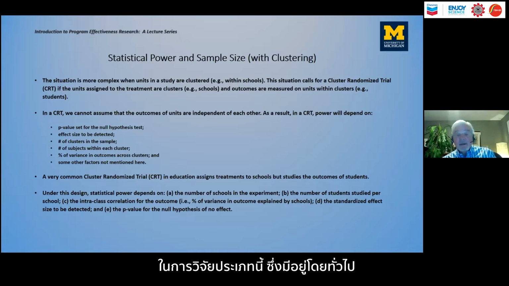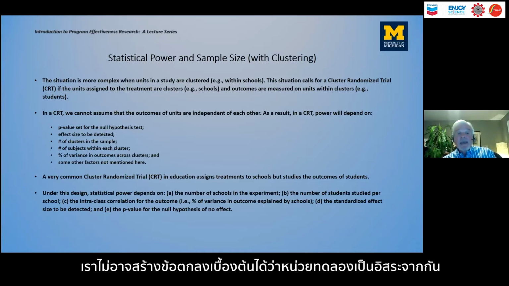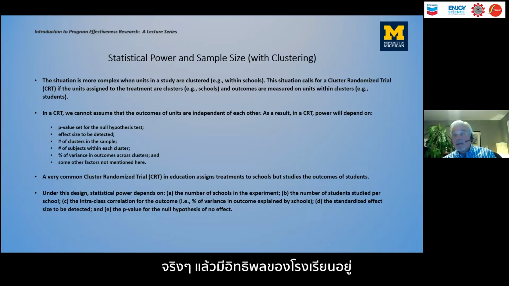In this kind of study, which is going to be very common in education research, we can't assume that the outcomes of the units are independent of each other. In fact, there are school effects present. And as a result, in one of these cluster randomized trials, power is going to depend once again on the p-value, once again on the effect size to be detected.